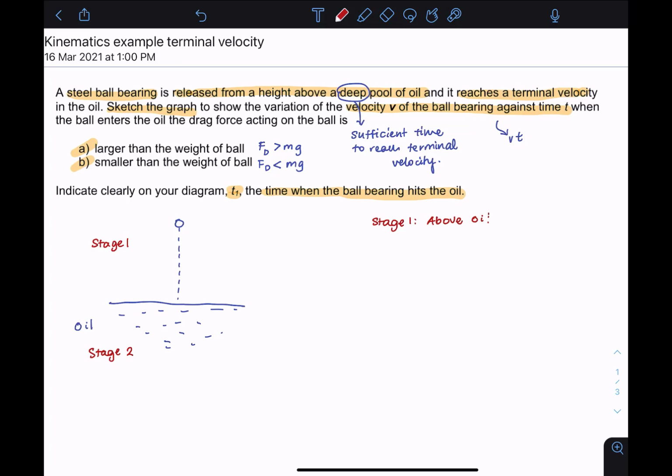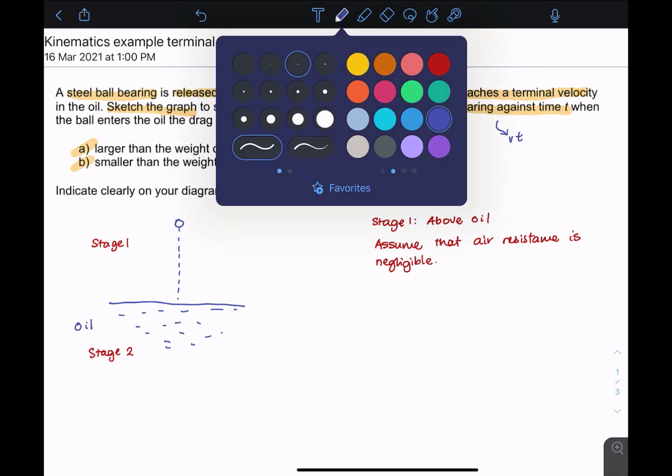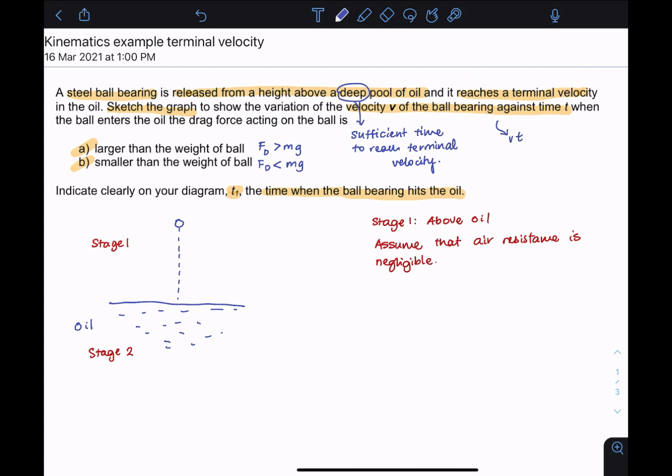So let's consider stage 1, above the oil. We're going to make another assumption. We are going to assume that air resistance is negligible. Alright, so how do we analyze the problem? To draw the VT graph, you must remember that it's not just looking at the velocity.